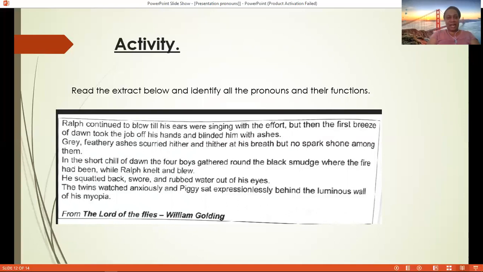That is the reading activity there. Identify all the pronouns and their functions. I want you to just take a moment quickly, identify them, and then when we get to the solution, I want to believe we will be moving together then.